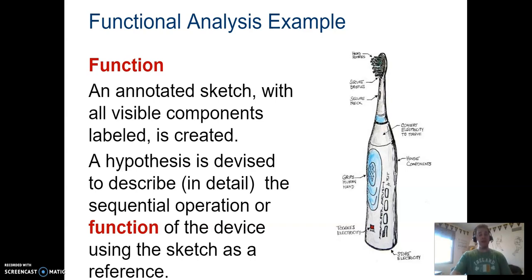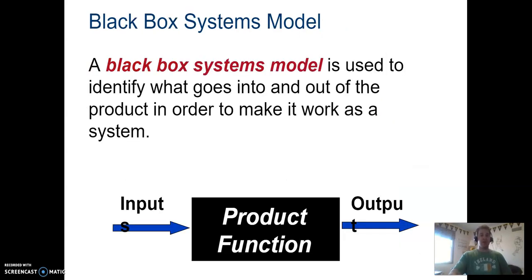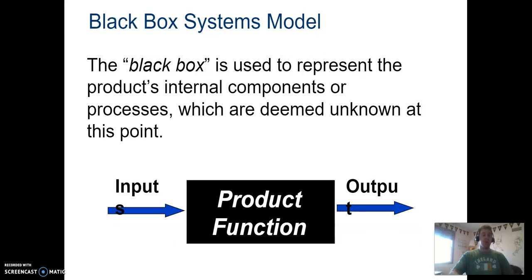And then finally, that third part of functional analysis is to understand the inputs and the outputs. And we use this thing called a black box system in order to do that. Okay? The black box system represents the things that you start with, the inputs, and then what the product does with those inputs so that you can get specific outputs.